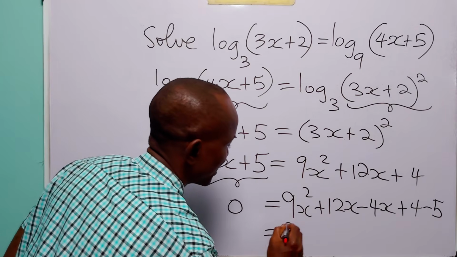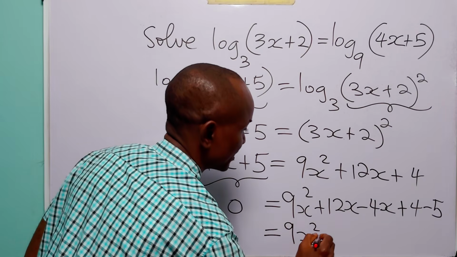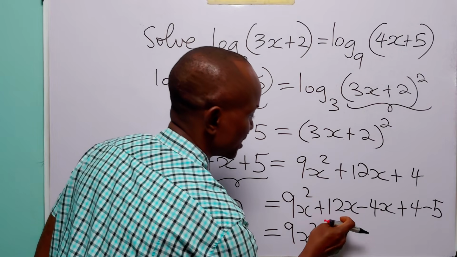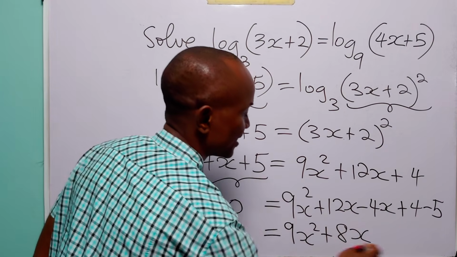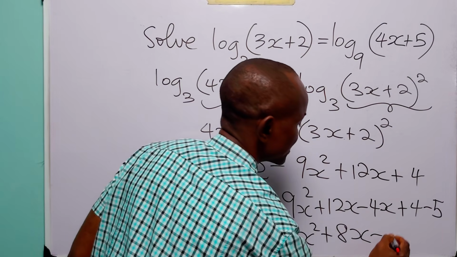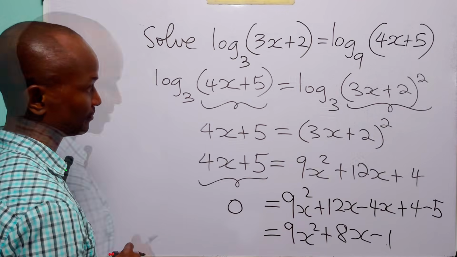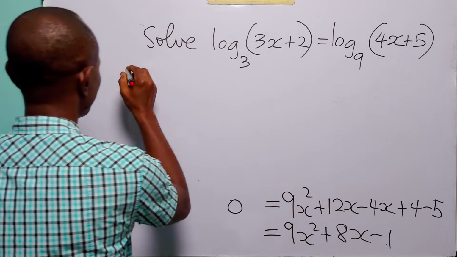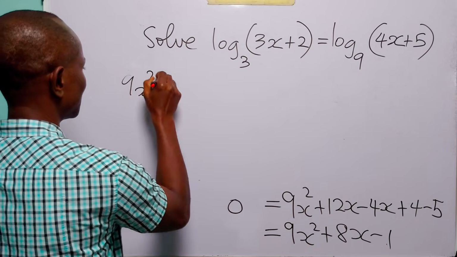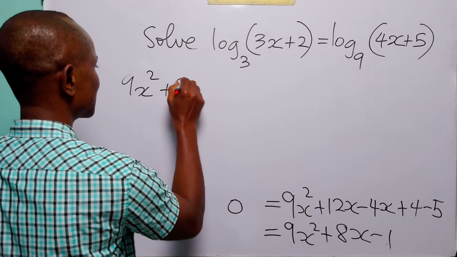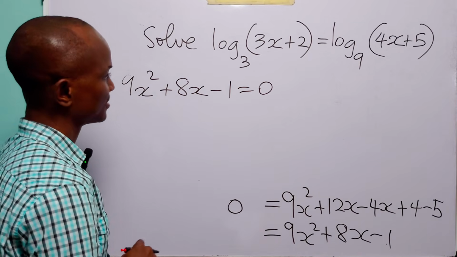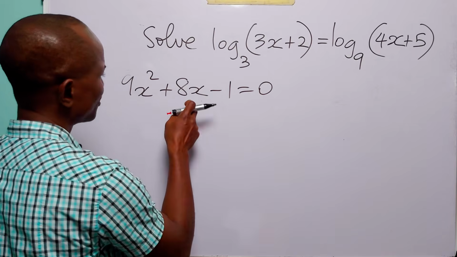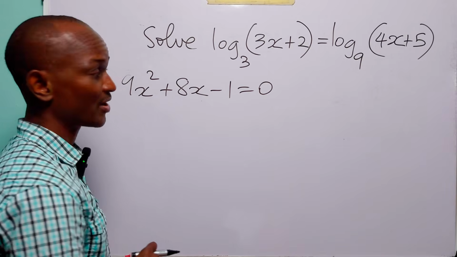On the right-hand side, we have 9x squared plus 12x minus 4x is 8x, and 4 minus 5 is minus 1. And from here, we have that 9x squared plus 8x minus 1 is equal to 0. Now we can solve this quadratic equation by factorization.